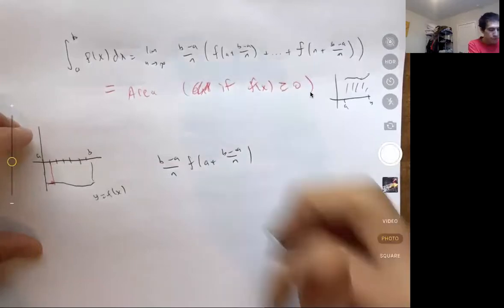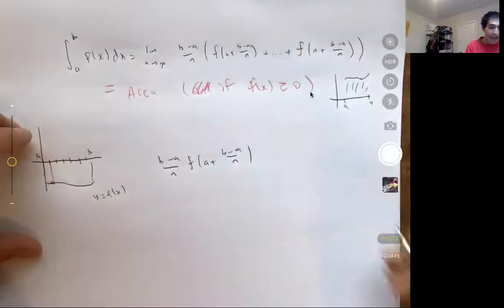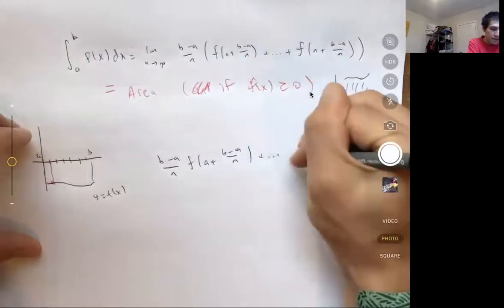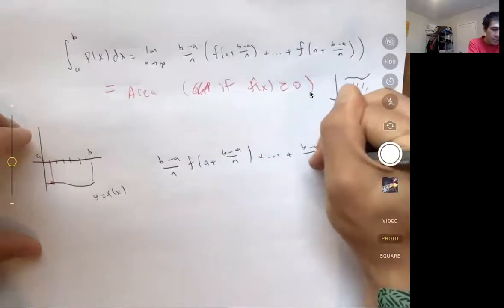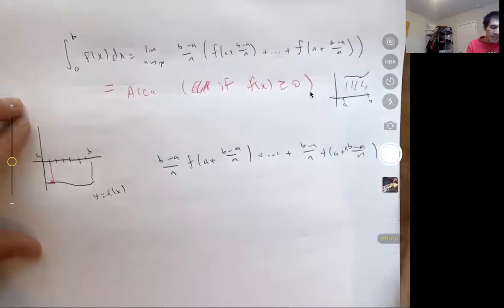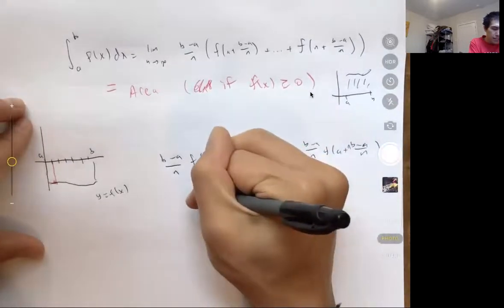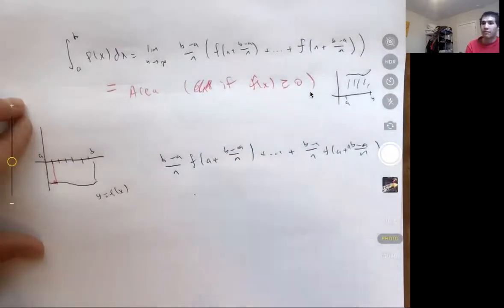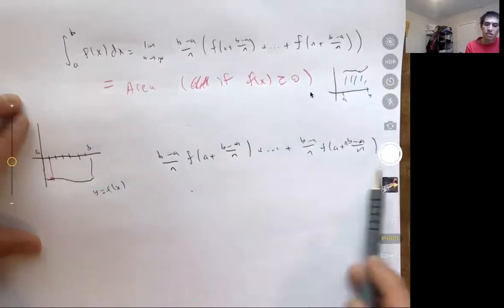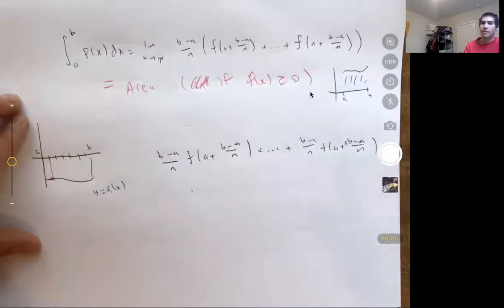And so if my function f of x is negative, then this sum, plus n times b minus a over n, is going to be approximately equal to the negative area. That's right, because all of these terms are negative. If I take their absolute value, it becomes an approximation of the area.